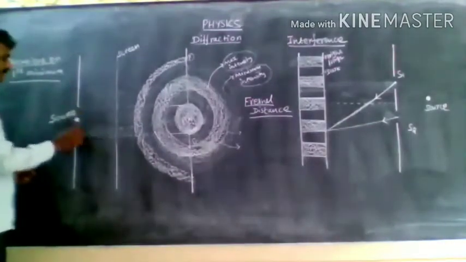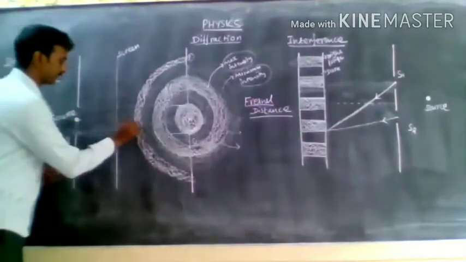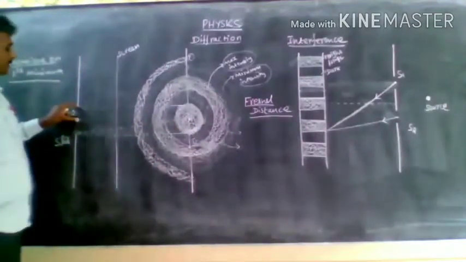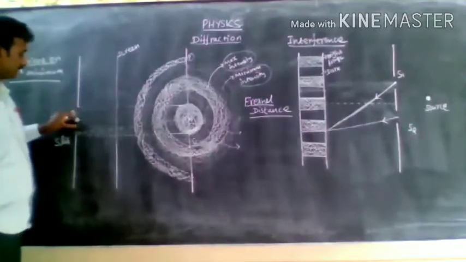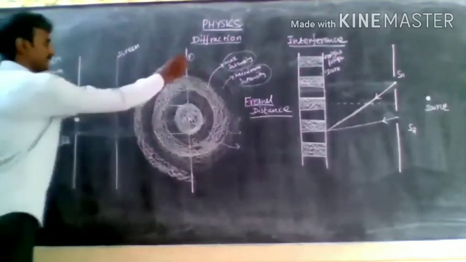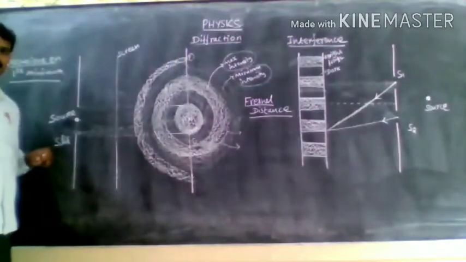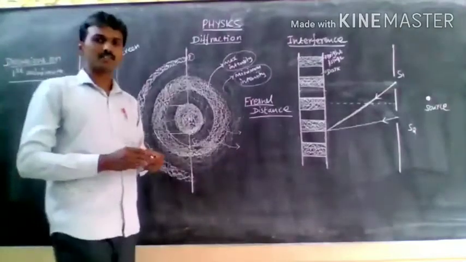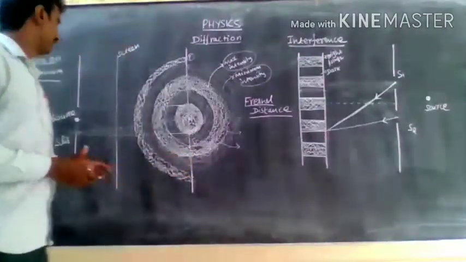Suppose I split the slit into two halves. The diffraction produced by the upper part is neutralized by the diffraction produced by the lower part. Therefore, the point P may appear as a minimum intensity. So this is the condition to obtain the minimum intensity.